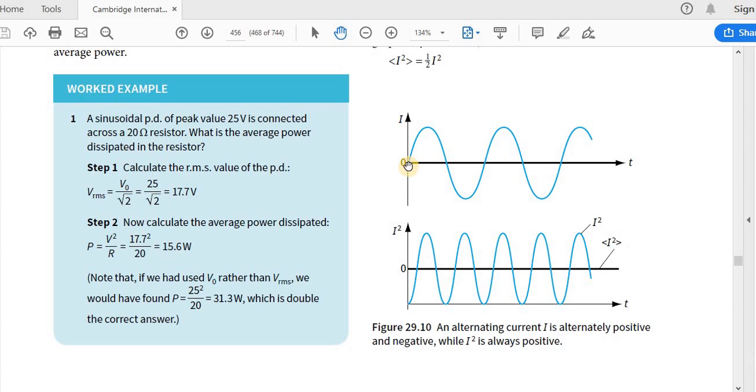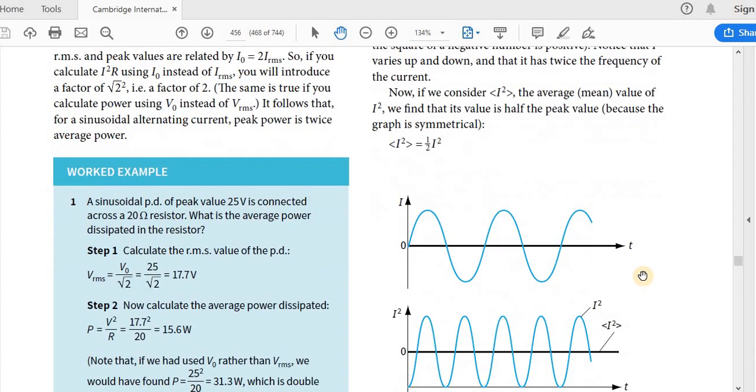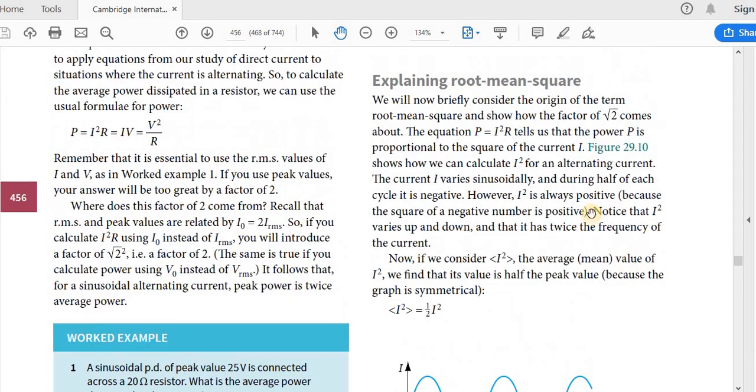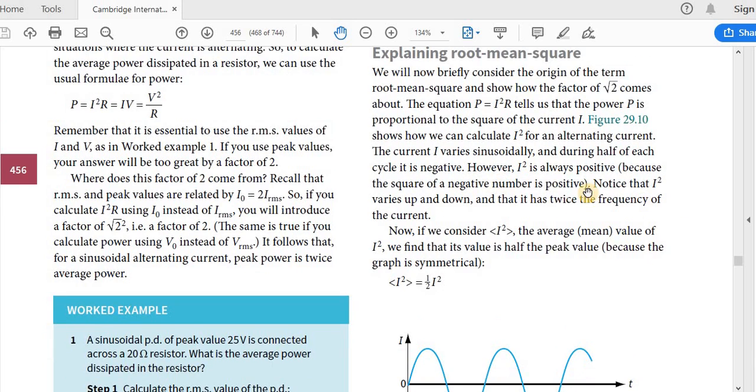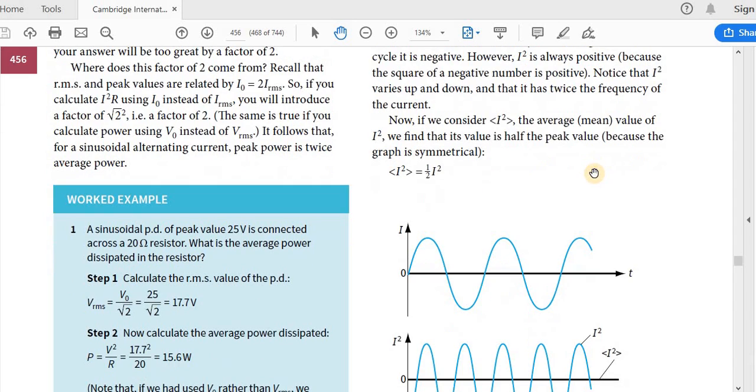Okay, this is I versus t, and here we have I squared versus t. I squared is always positive because the square of a negative number is positive. Notice that I squared varies up and down, and that it has twice the frequency of the current.